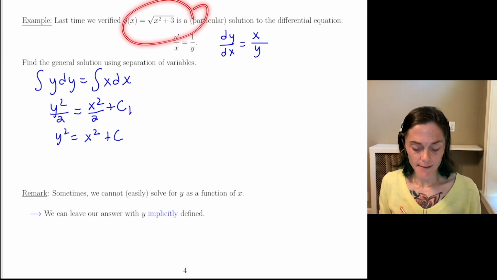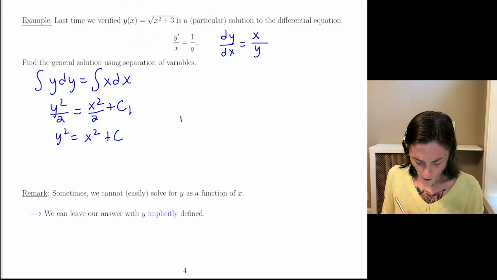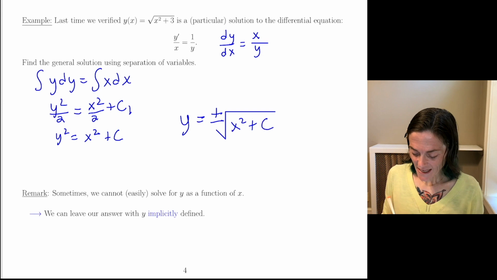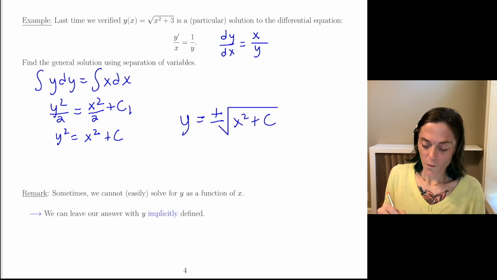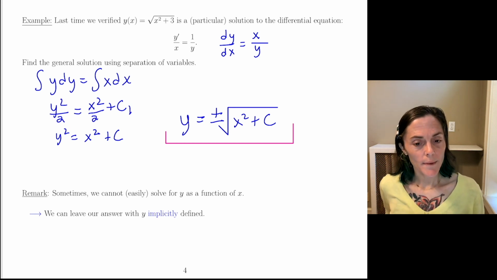Certainly we see the square root of x squared plus c is a particular solution, but it could also be the negative square root. So if we solve for y, we get y is plus or minus the square root of x squared plus c. Certainly, what we verified is of this form.